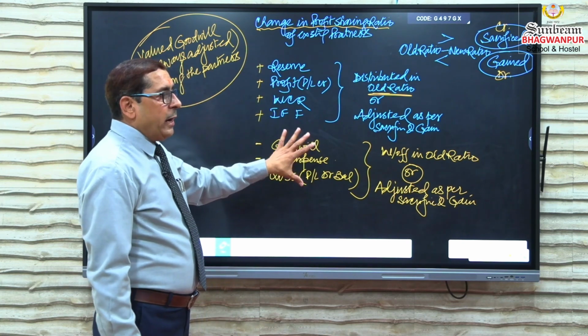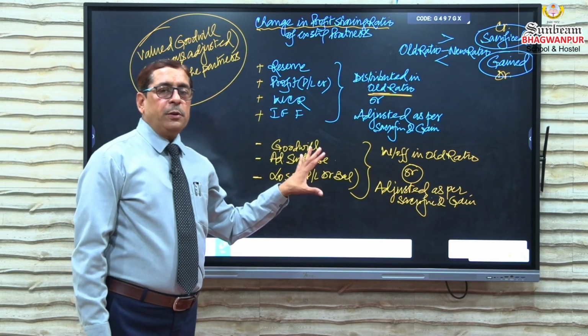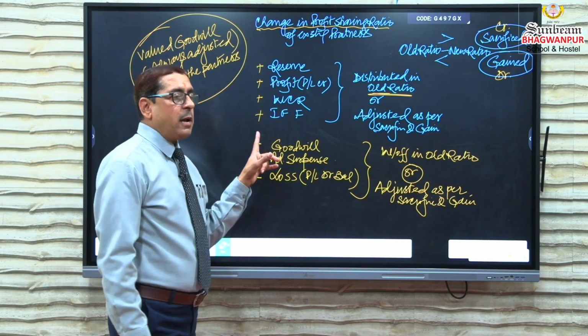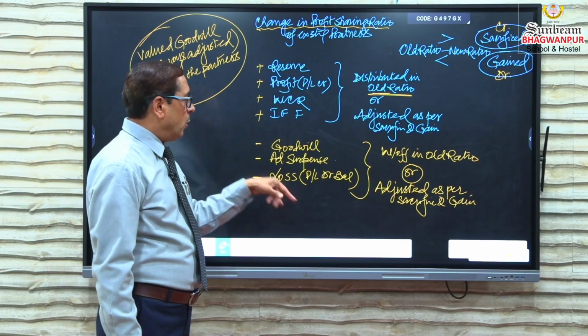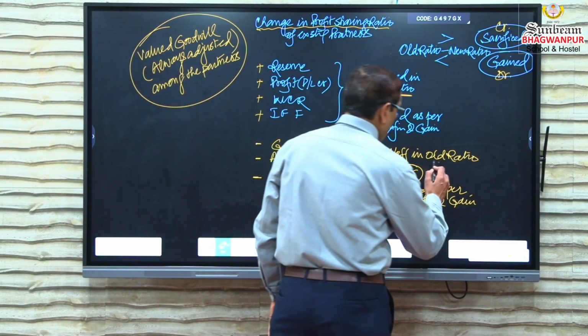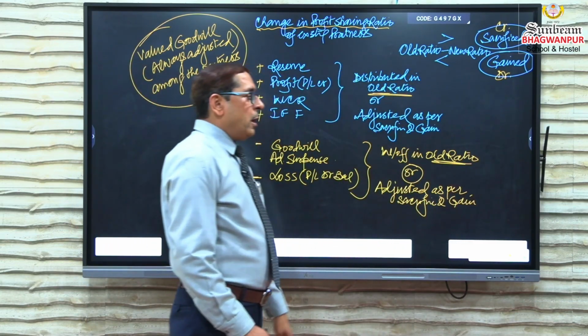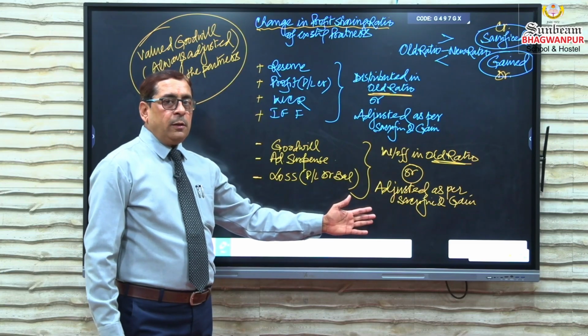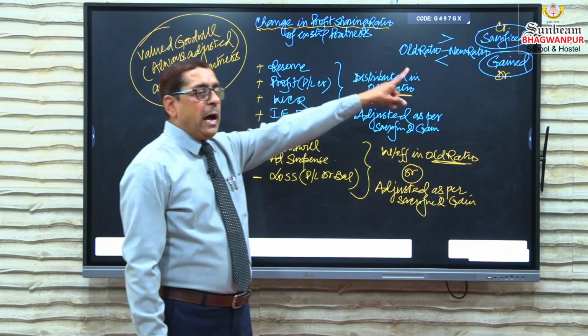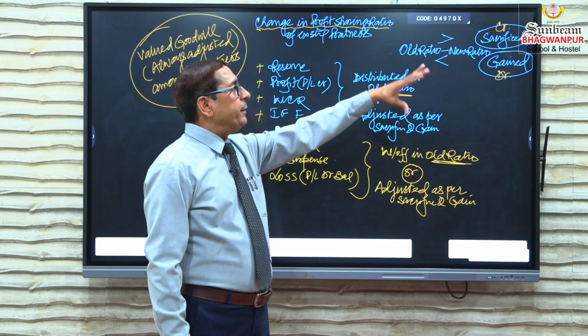If negative items are given, either they will be written off from the books of account, for which the entry will be passed partners' capital account debit to all these items, that will again be in old ratio, or they will be adjusted. If we are going to adjust these negative items, that case will be reversed.